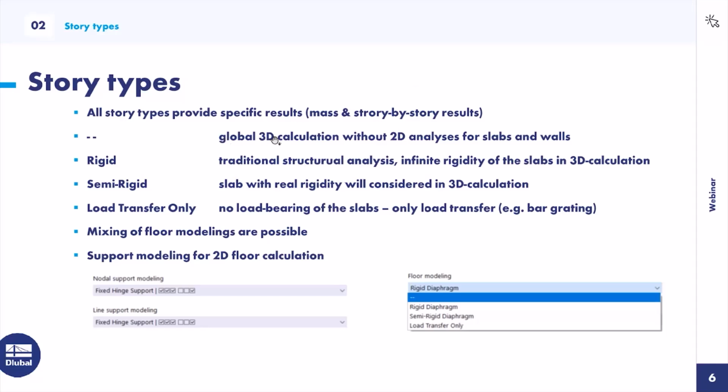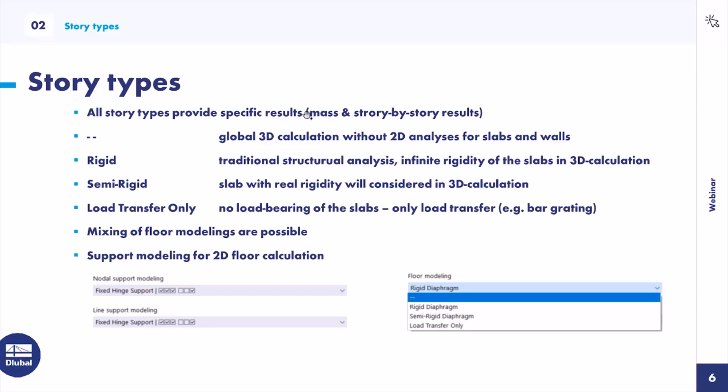Then you have only this 3D calculation and don't have these 2D analyzers for slabs and walls, which are integrated in the rigid and semi-rigid types. So with this type it's like you are modeling without the building model, and the only positive thing is these specific results.